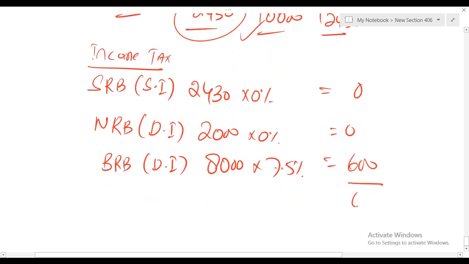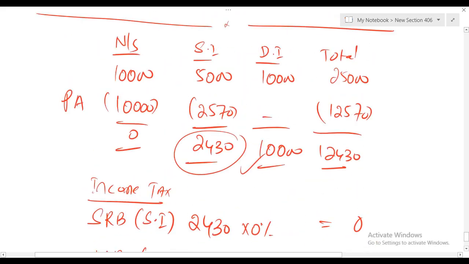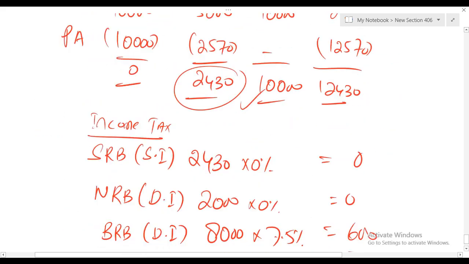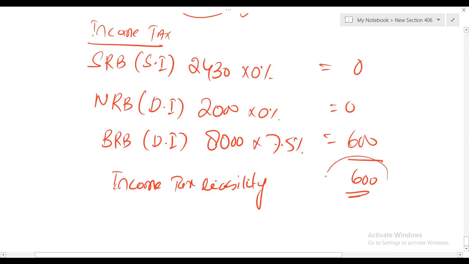So income tax liability is going to be 600. Look at this. When I change the allocation of personal allowance, my income tax liability was 557. If I follow the normal sequence of allocating the personal allowance, I have an income tax liability of 600. So it can be clearly seen that normal allocation in this case results in a higher tax liability, which is not good.